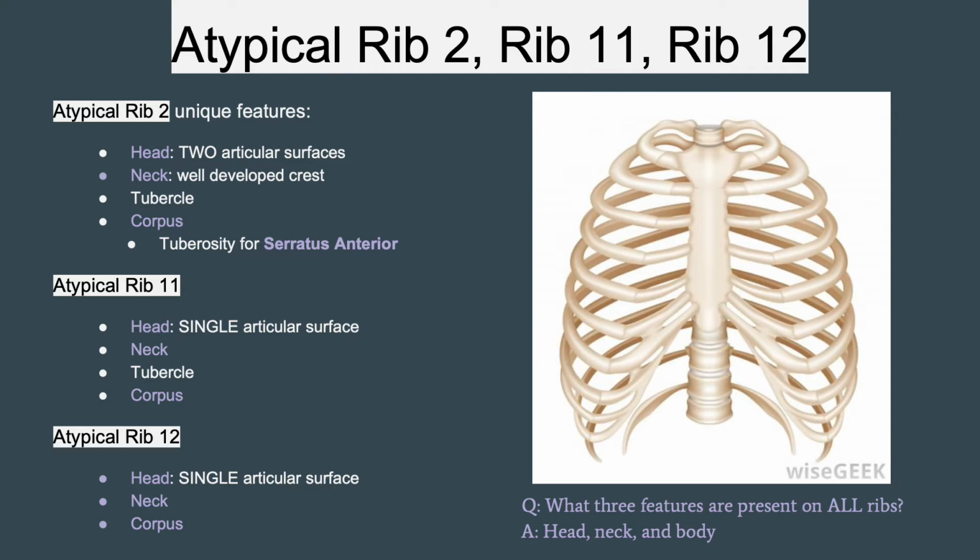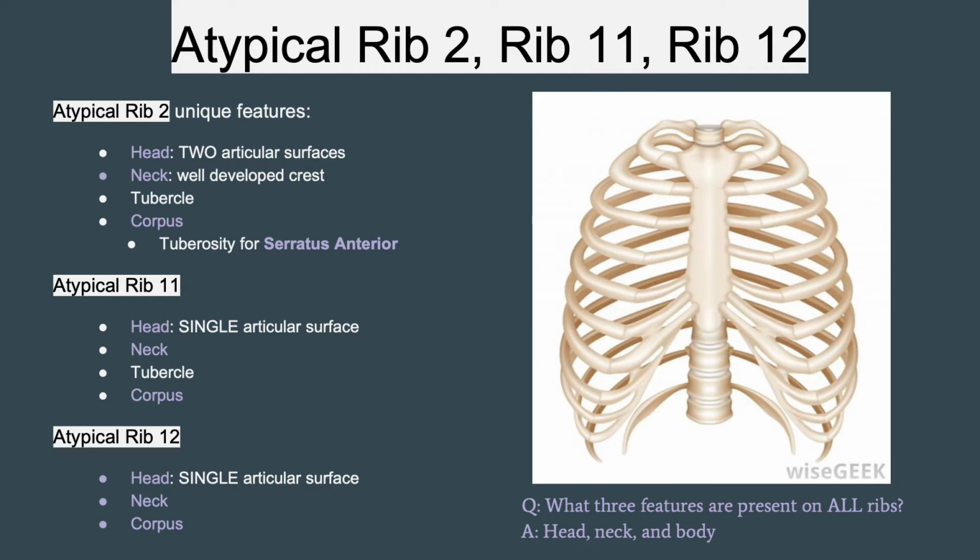If you look in your book on page 54, you can kind of see in the diagrams that rib 11 has a bit of a boxed off end, whereas rib 12 has a slightly pointier end, but you can also notice a definitive tubercle that may or may not be present on rib 11 that will not be present on rib 12. So they look very similar in pretty much every other way other than the very tip and end of them.